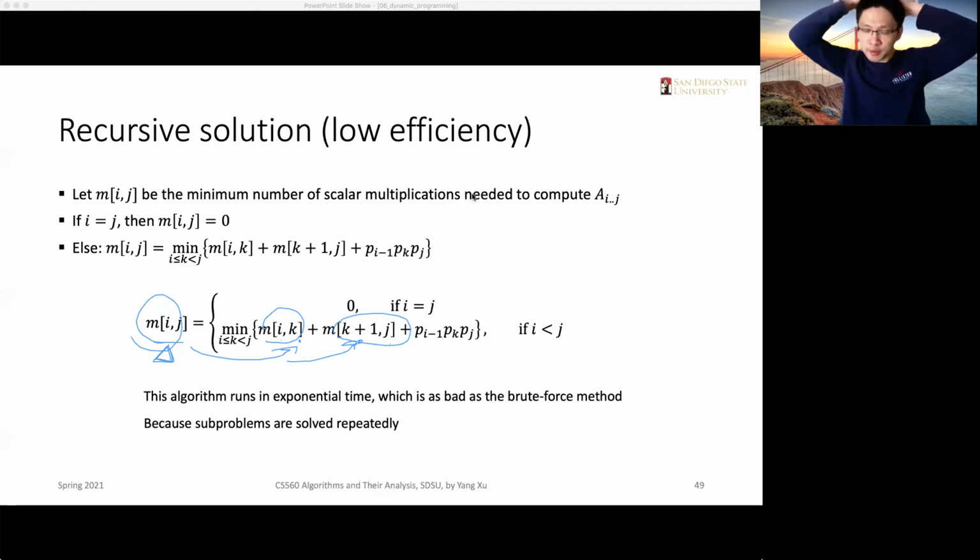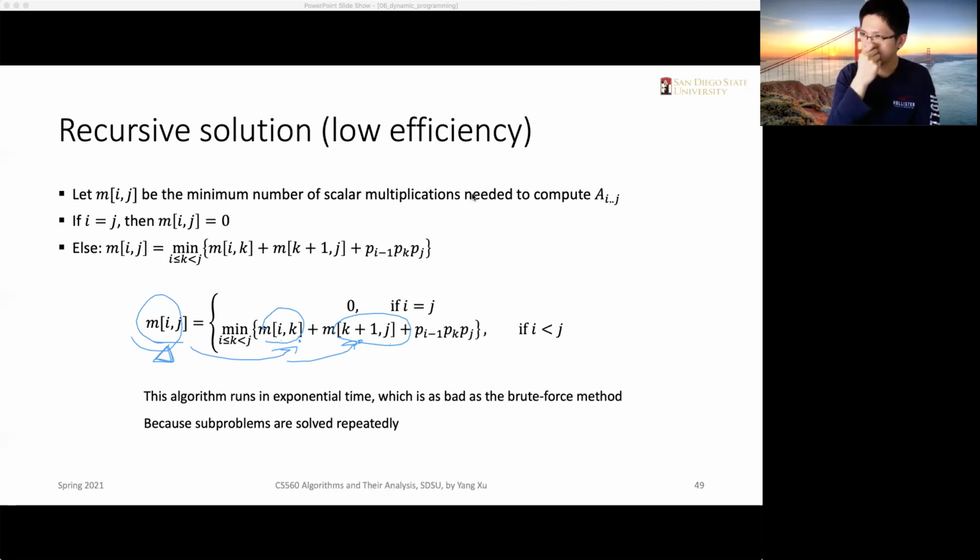Do you still remember how we implemented the bottom-up dynamic programming algorithm for the rod cutting problem? In order to know the revenue for longer rods, we need to first know the revenue for shorter rods. A bottom-up solution means that we solve the smallest problems first, because the bigger ones depend on the smaller ones.